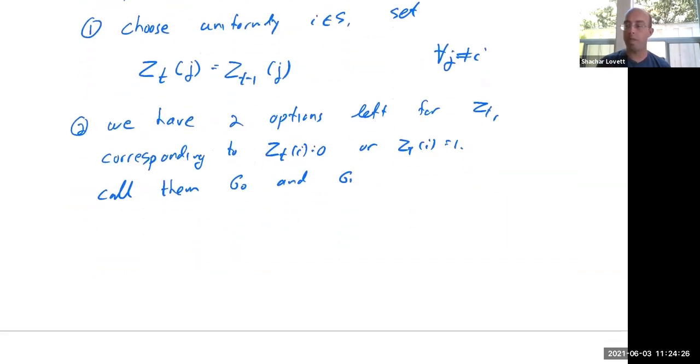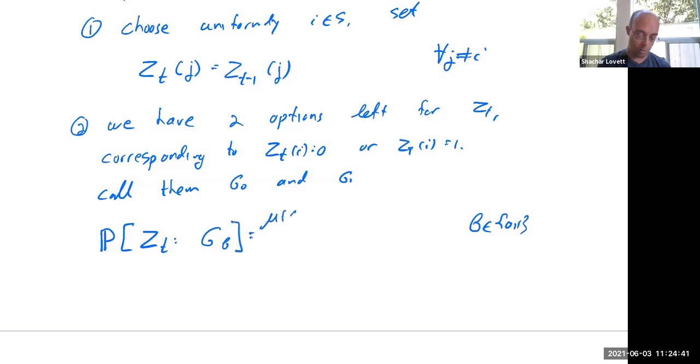So I want to choose one of them with some probability, and the probability I'm going to choose Z_t to be sigma_b, where b is 0 or 1, is mu of sigma_b divided by mu of sigma_0 plus mu of sigma_1.